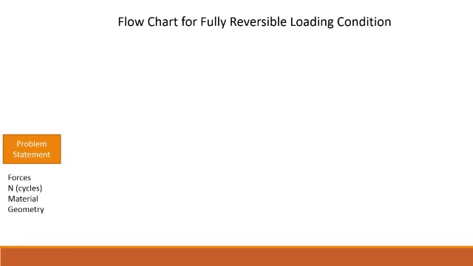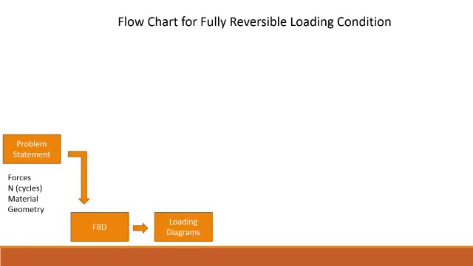If our problem statement includes things like forces and the number of desired cycles, what our material is made out of, and the geometry and shape of our part, then there's going to be two phases to solving the problem. In the first phase, we'll do a free body diagram, we'll find loading diagrams, we'll find the location where the maximum stress occurs.